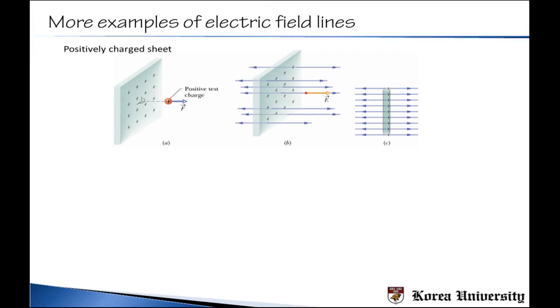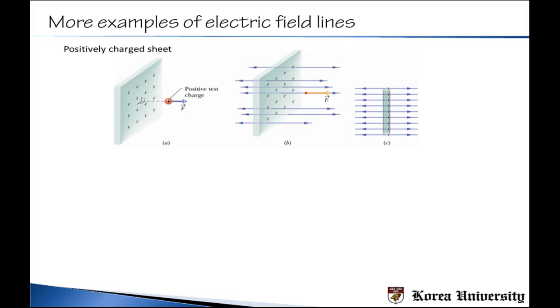Okay, and now let's still pretend we can see electric field lines, and think about how the electric field lines will look depending on the charge distribution. The example shown here is the positively charged sheet. Here we are assuming a very large and very thin sheet filled with uniform density of charges.